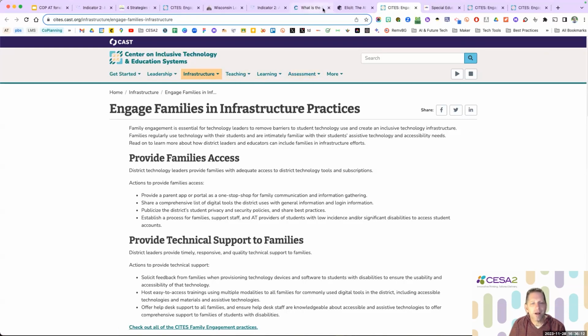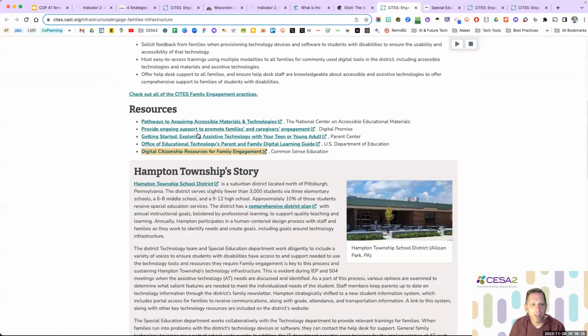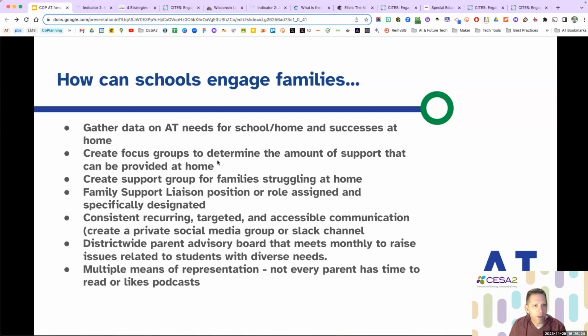It has a very in-depth approach and provides resources, articles and other websites. So I've linked that in there as well. It'll come up on one of these other pages, but I've scanned through and picked out some strategies that districts could be thinking about. I think Jennifer brought up a great point, that involving the tech department in the assistive technology decisions is going to be huge as well.